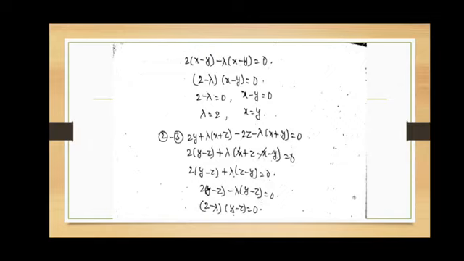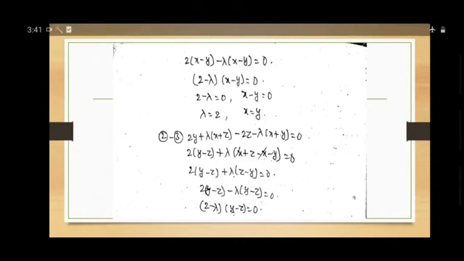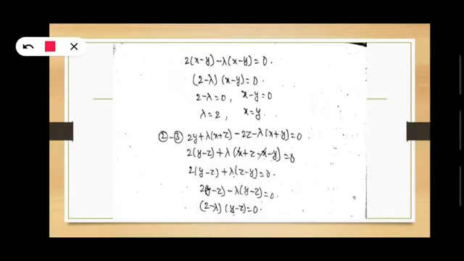Why? Because the fourth term has a minus, so minus into plus gives minus. Here x is the plus term and x is the minus term, so we cancel it. Then we get plus lambda into z minus y is equal to 0.